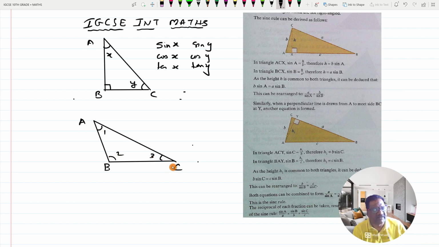Now, if you want to find sine 1, sine 2, sine 3, the trigonometric ratios of these angles, then you will be in a fix, because you know so far that trigonometry works only for right angle triangles. So from now onwards, let me teach you how to find the trigonometric ratios of angles which are not in right angle triangles. Suppose you have a scalene triangle like ABC.